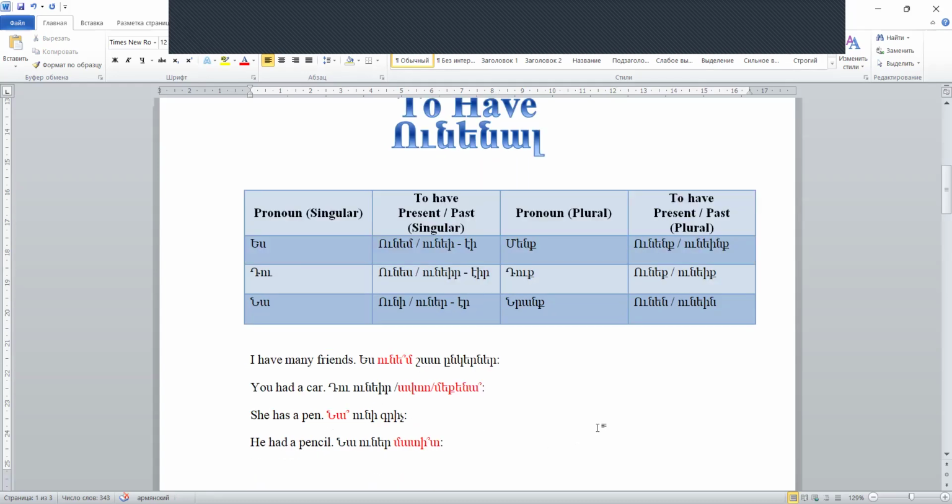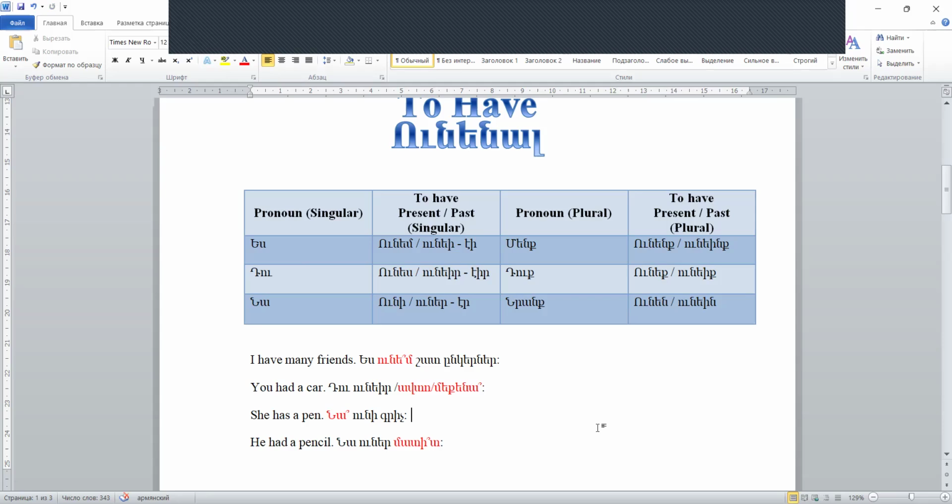Okay, dear. So I guess this is all about the verb to have, and I think you don't have any trouble with the conjugation of it because, as I have mentioned, it is much easier to conjugate the verb to have than other verbs because in this case we just have a mixture of the verb and the auxiliary verb.